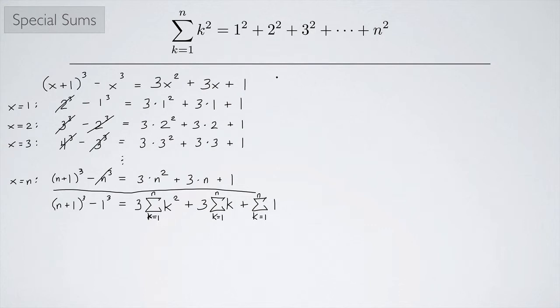So let's do that over here. Draw a line right here. So we have n plus 1 cubed minus, well, 1 cubed is 1, I'll just write it as 1, equals 3 times the sum that we're trying to figure out, the sum from k equals 1 up to n of k squared, plus 3 times the sum from k equals 1 up to n of k, which we know already.